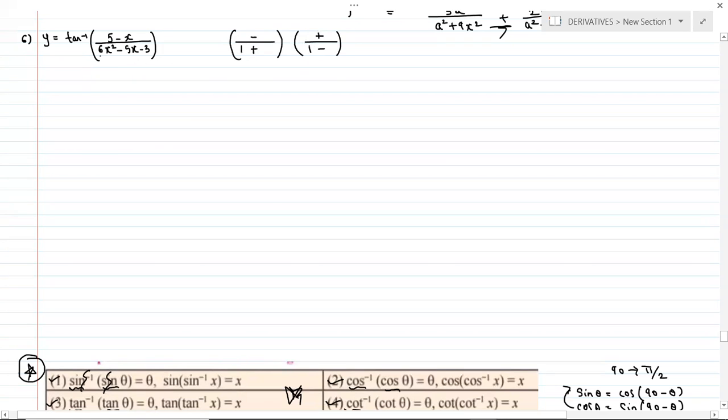Can you see 1 plus or 1 minus anywhere? No, we cannot. Here we have a proper quadratic format in the denominator, but we can see two terms in the numerator and the connection is minus.